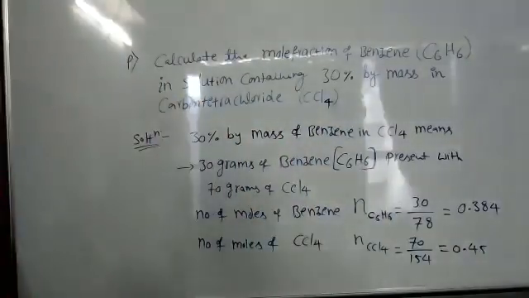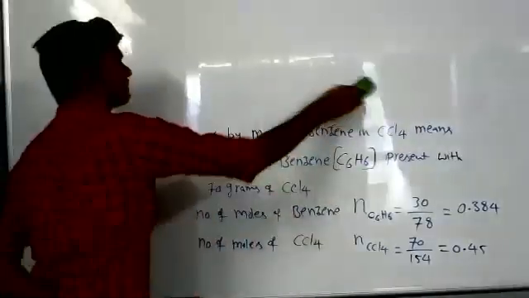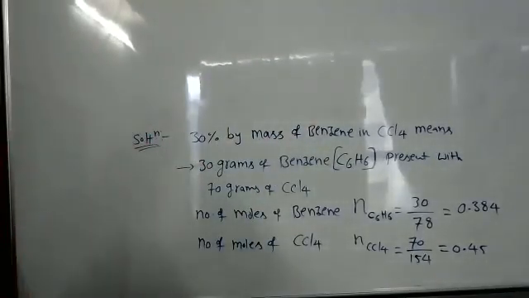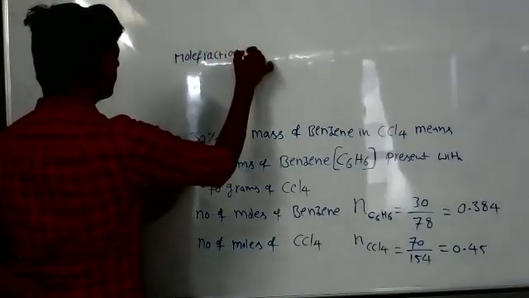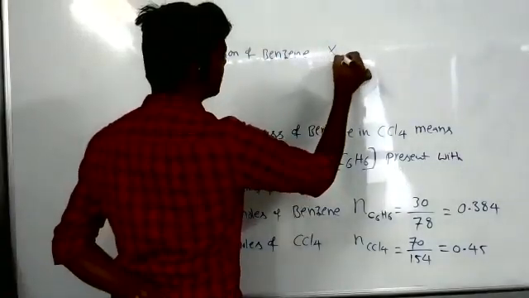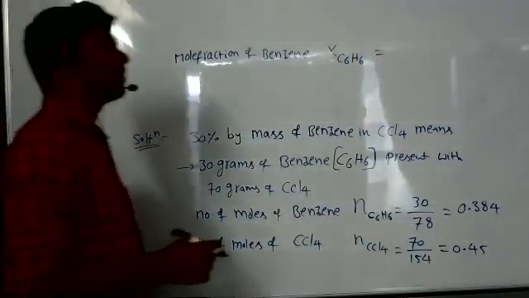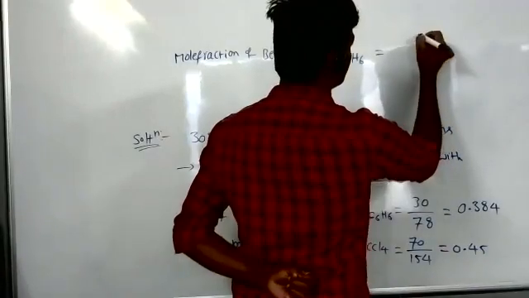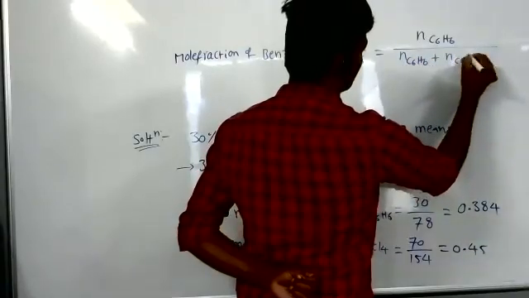So now we have number of moles of benzene and carbon tetrachloride. Next step is mole fraction of benzene. Mole fraction X C6H6 is equal to number of moles of benzene divided by number of moles of benzene plus number of moles of carbon tetrachloride.